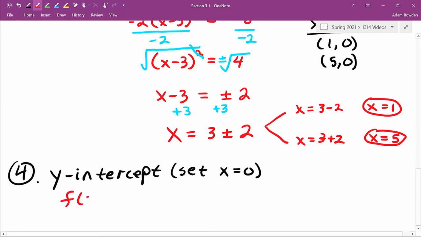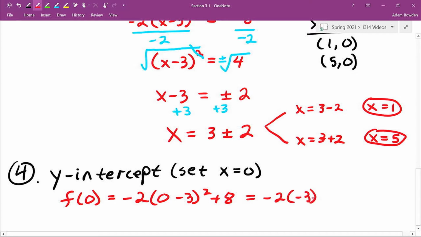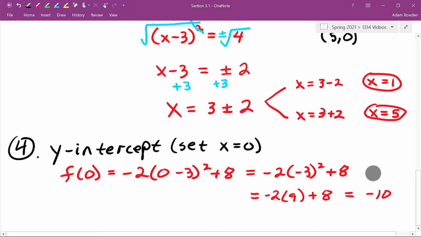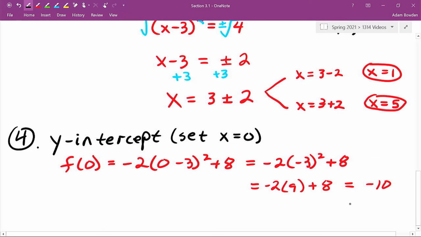Plugging in 0 for x would look like negative 2(0 minus 3) squared plus 8, which is negative 2 times negative 3 squared plus 8, which is negative 2 times positive 9 plus 8. That's all equal to negative 10. So our y-intercept is at the point (0, negative 10).